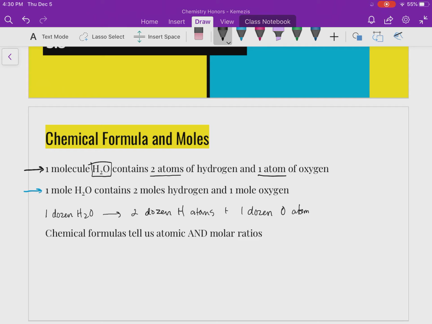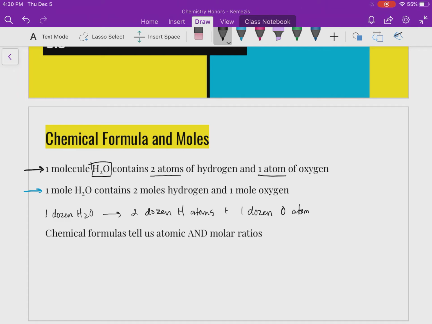You can think of this like a bicycle. We have a bike frame. I'm not going to draw it because I'm a bad drawer. But you have 2 wheels for every 1 bike frame, and when you put all 3 of those things together, you get 1 big bike. That's what's happening here. We need 2 hydrogens to attach to 1 oxygen, and those 3 things attached make 1 of our water molecules.